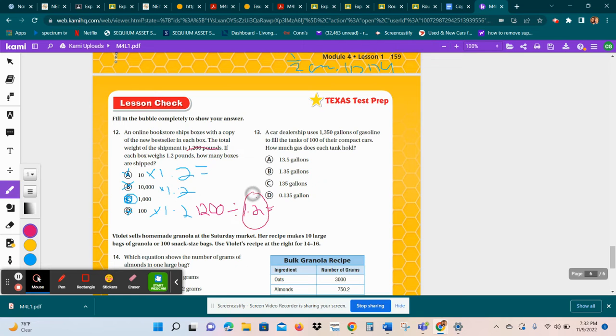Let me see if I can find my script. In order to move my decimal over, I need to multiply that by 10. 1 2/10 times 10 is going to be 12.